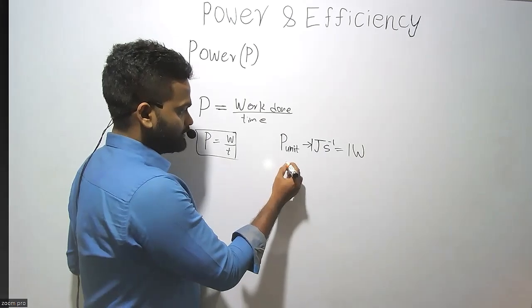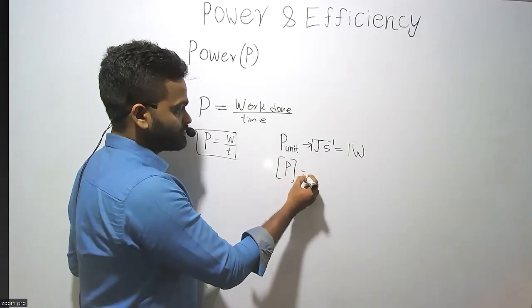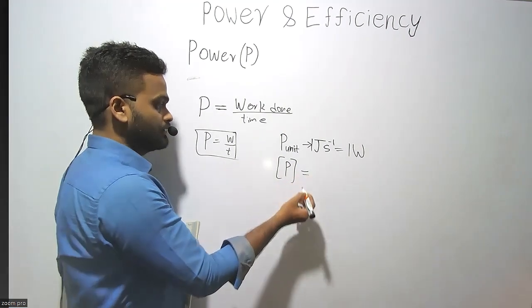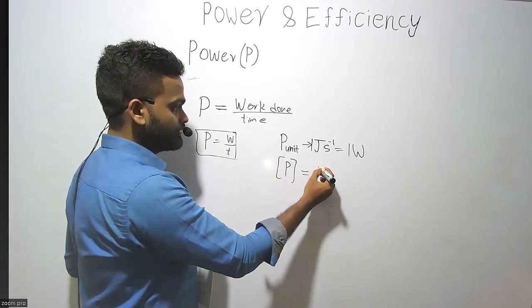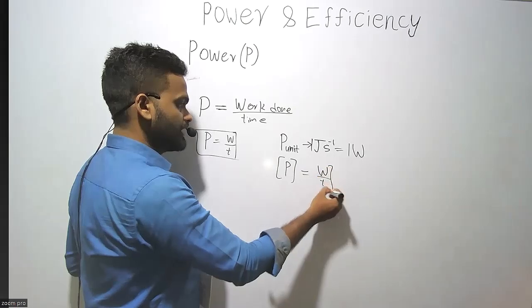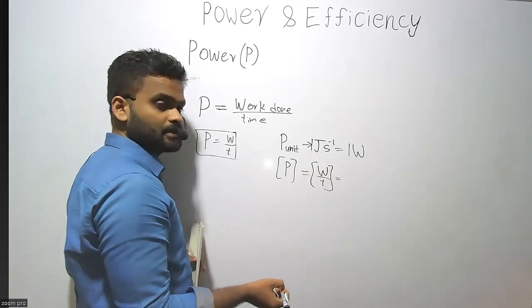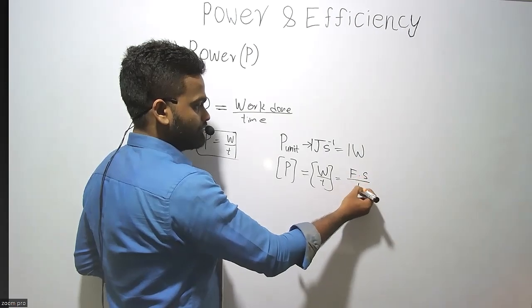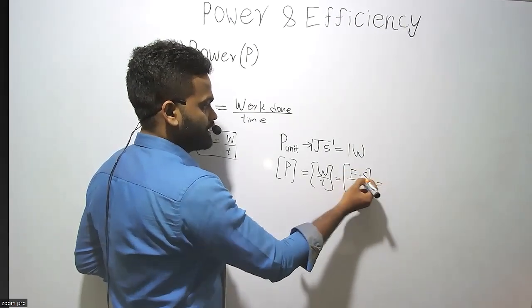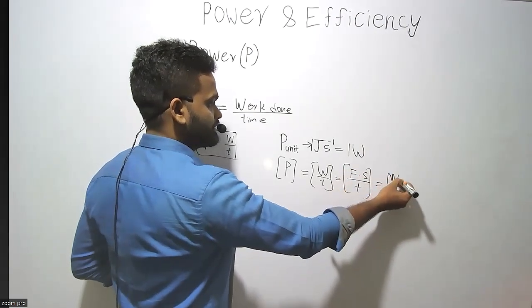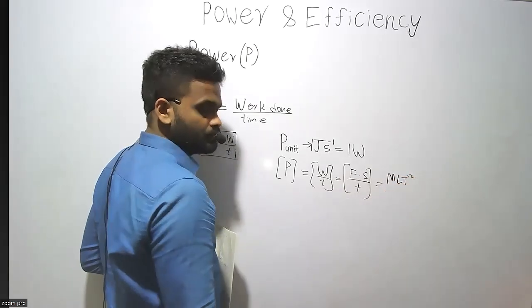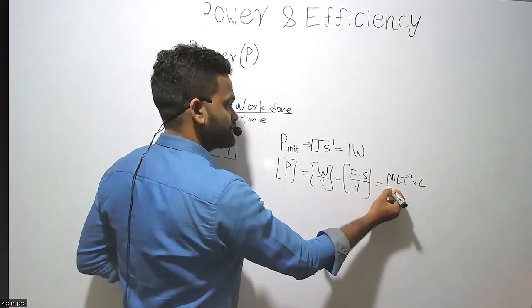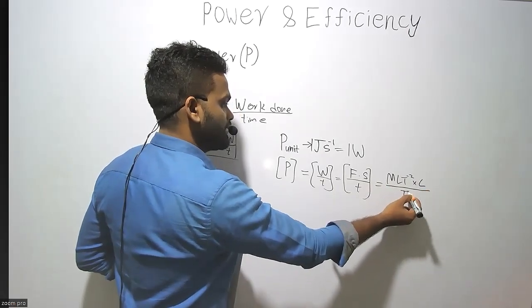Then we need the dimensions of power. So you should be able to find this. We know that power is work divided by time. So what is the work? Work is F s divided by time. The dimensions of force is M L T minus 2. This is L, the displacement, so that is a length divided by time.